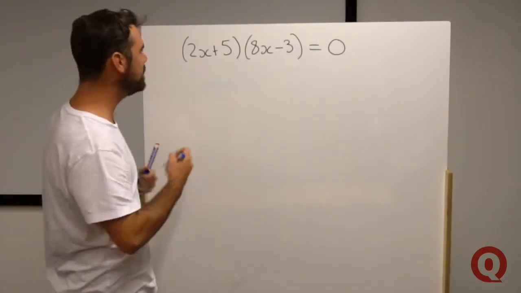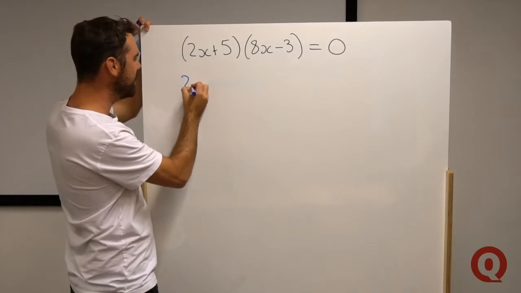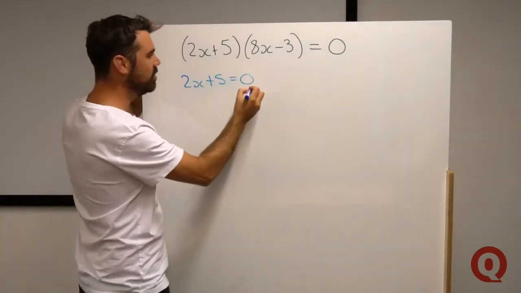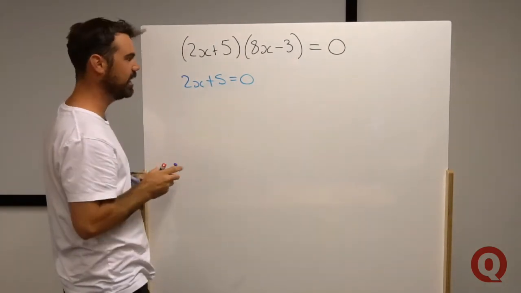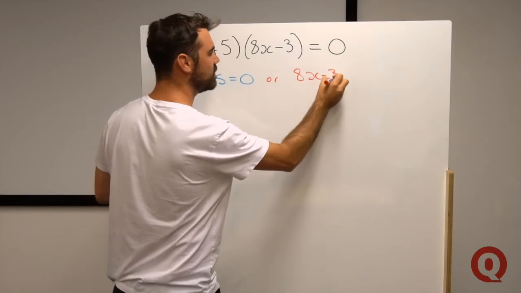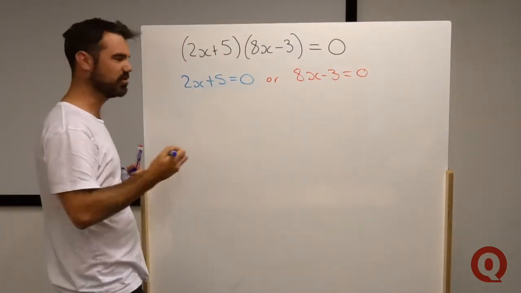So once we've found these two brackets, as you've seen in the previous examples, that's all we need, because then we say that 2x plus 5 is equal to 0, or 8x minus 3 is equal to 0. All we do is, you've seen this before, this is grade 8 equations.